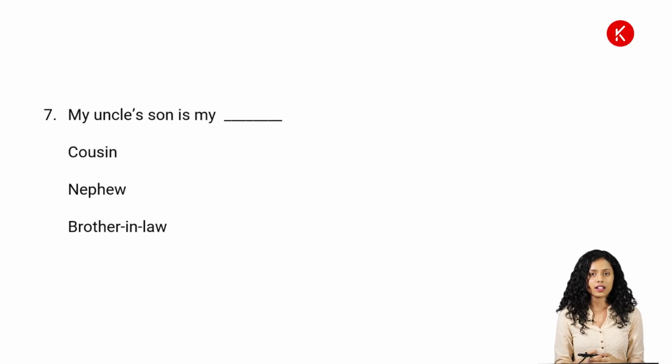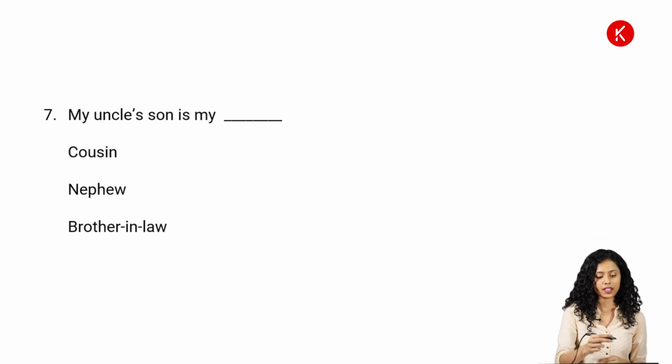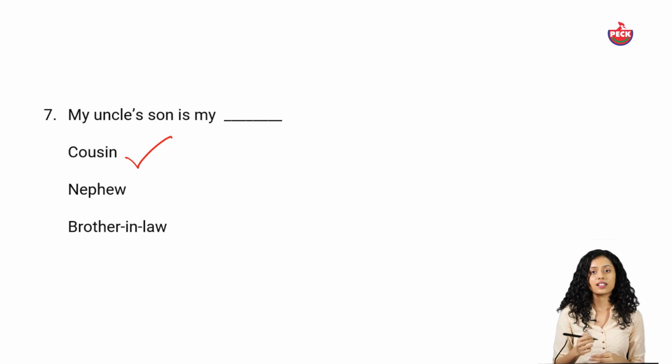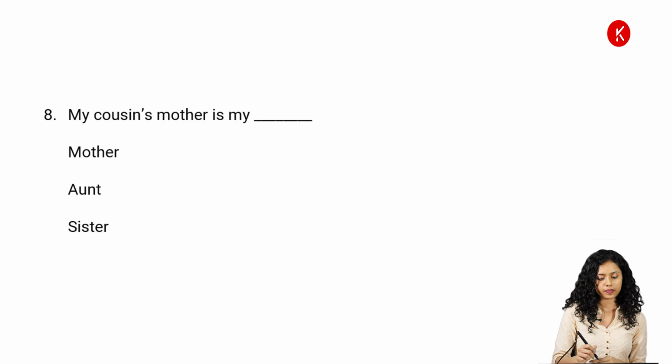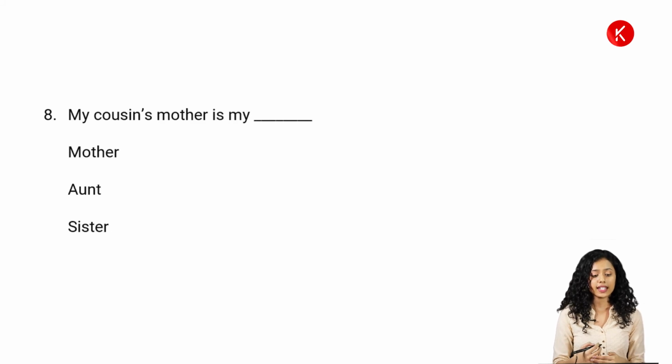My uncle's son is my blank. Who is my uncle's son? My uncle is my father's brother. So his son would be my cousin. So my uncle's son is my cousin. Now who is my cousin's mother? My cousin's mother is my blank.